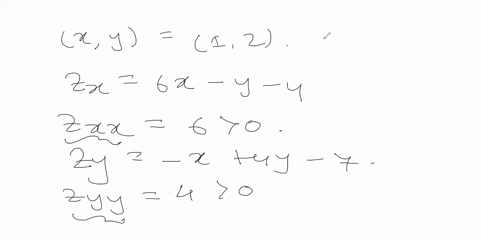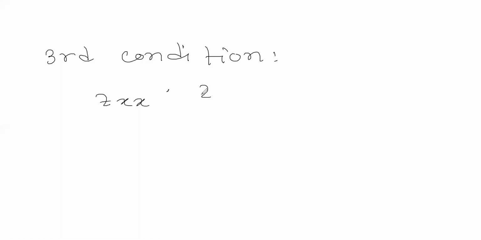So what can we say? We can say that the function is at its relative minimum and convex, but we can only finalize this decision if the third condition is met. Now let's check for the third condition. The third condition says that z of xx into z of yy has to be greater than z of xy square.